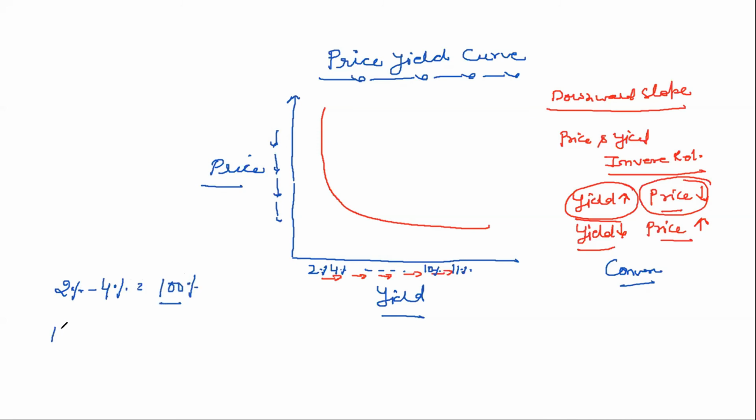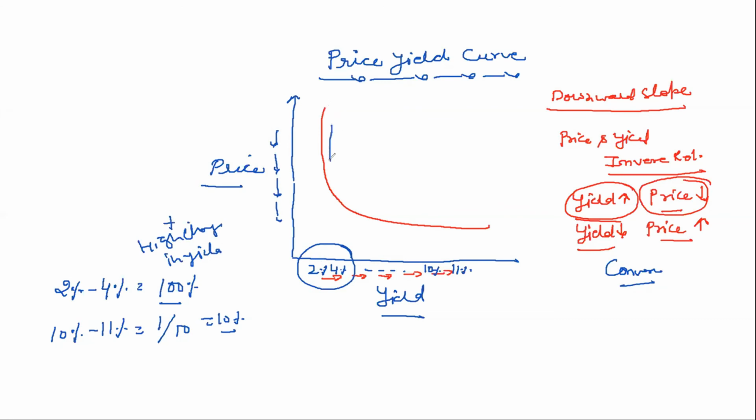But if yield goes from 10 to 11%, it's just a 1 by 10 change in the yield, only 10%. That's what you need to understand: at lower yields, if yield changes, there is a high percentage change in yield, and because of this high percentage change in yield, there is a larger fall in the bond prices.